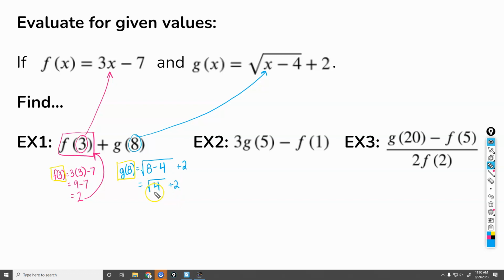What is the square root of 4? It is 2. 2 plus 2 is 4. So all it's asking us to do is 2 plus 4, which is 6. So 6 would be our answer.